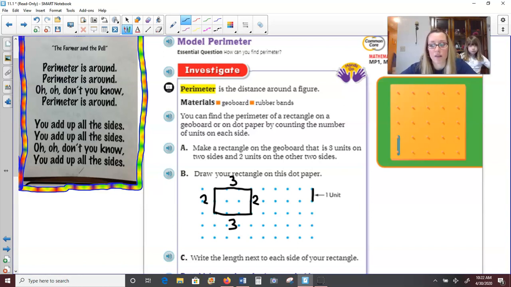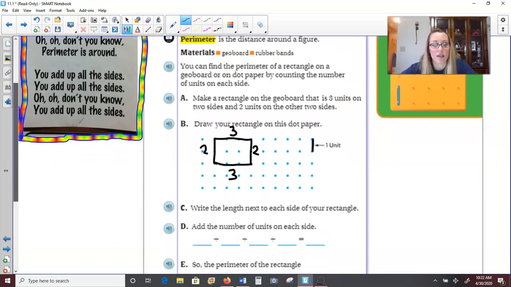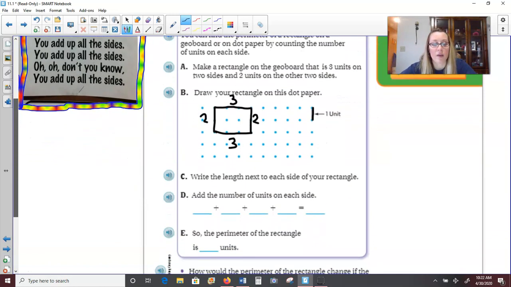They wanted us to write the length next to each side like I just did, and then add the number of units on each side together. When we're ready to add up all the sides, it does not matter what order we add in.